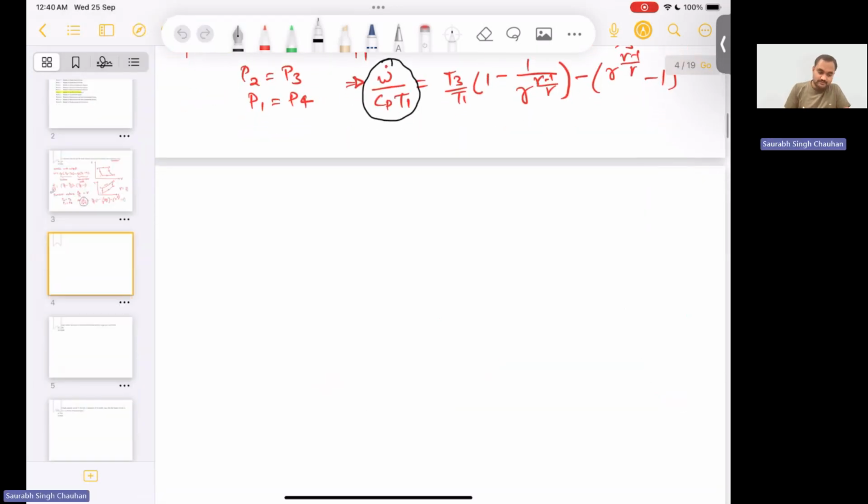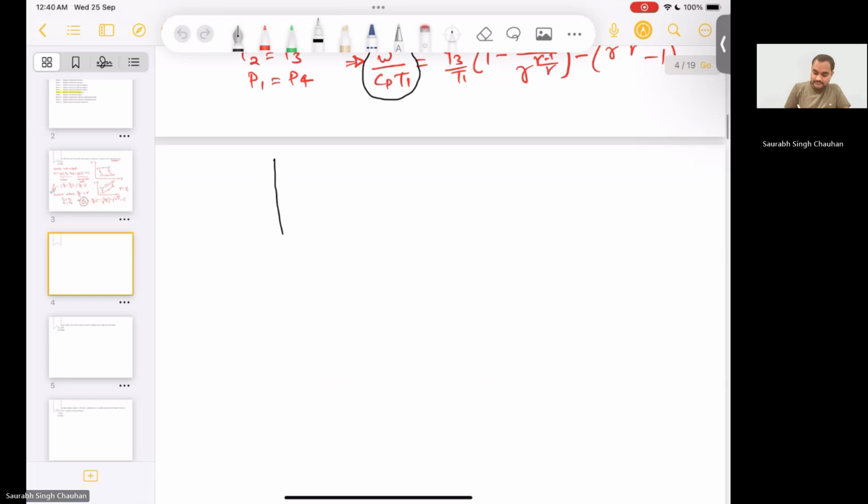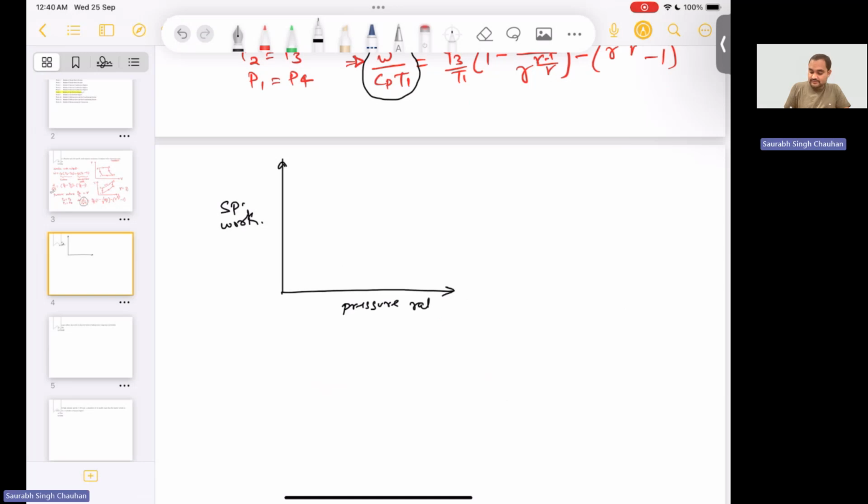these types of plots. This is our specific work, and on the x-axis we can keep pressure ratio. So this will look something like this.